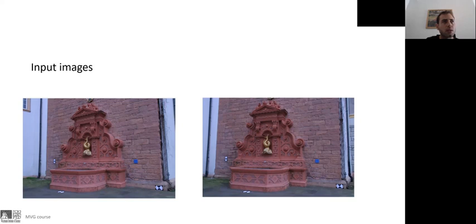So for multiple views, we will talk a bit next week. You usually use a different way. You don't rectify every pair. You use what is called plane sweep. But if you use two cameras, you need to not have too large baselines, so you will be able to find correspondences without too much distortion.